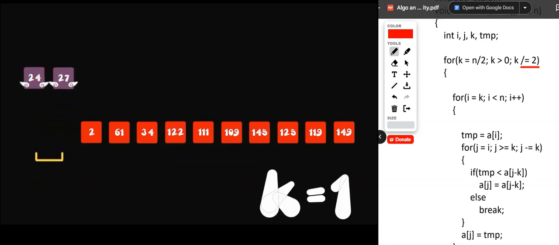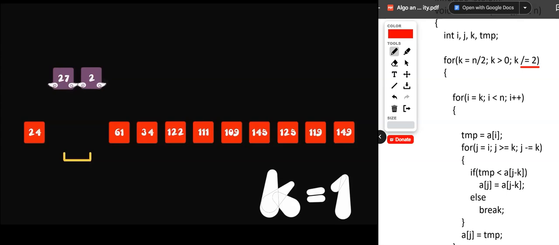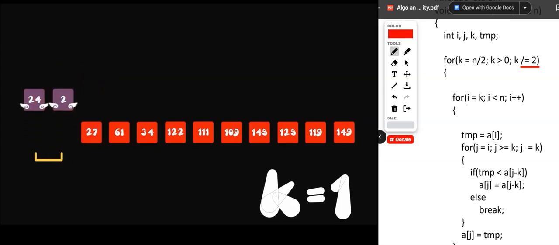Now k will become 1 around here, and we are comparing elements one by one because there is only one gap between them. Now observe, as we are in the final steps, when the value of k becomes 1, we are performing the comparison.